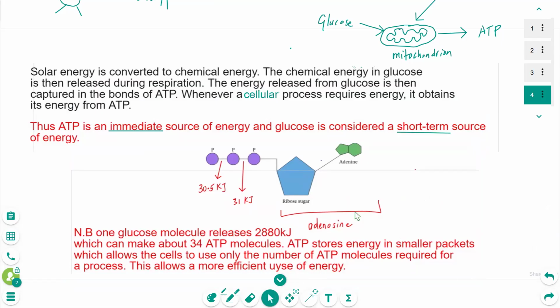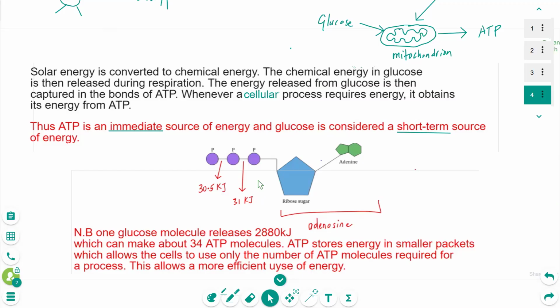So it's made up of a ribose sugar with an adenine base attached to the ribose sugar, and 3 phosphate groups. The bonds between the phosphates are the bonds that we usually break. If you break the bond between the last 2 phosphate groups, you can get 30.5 kilojoules of energy from breaking that bond. And if you go between the first 2, you can get 31 kilojoules of energy.